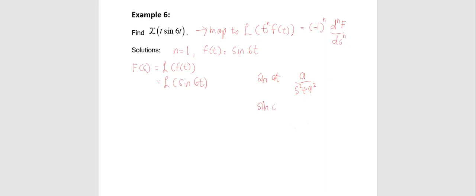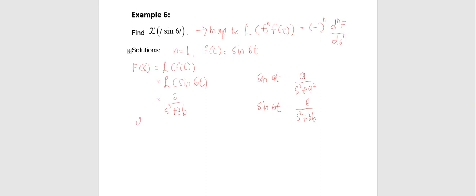So if we have sin 6t, it is 6 over s squared plus 36. So this equals 6 over s squared plus 36. Correct?